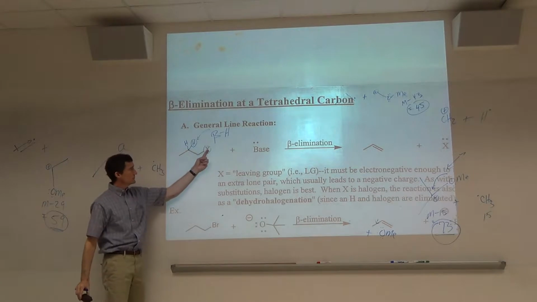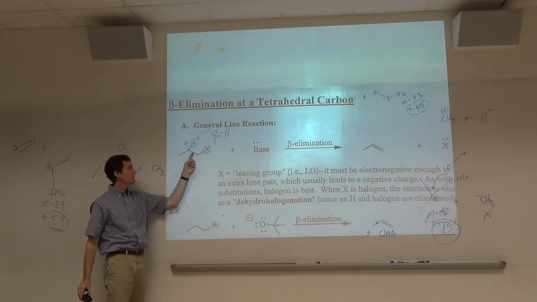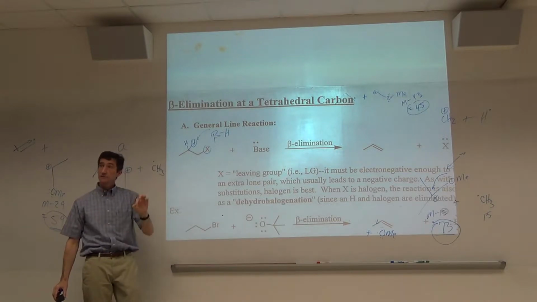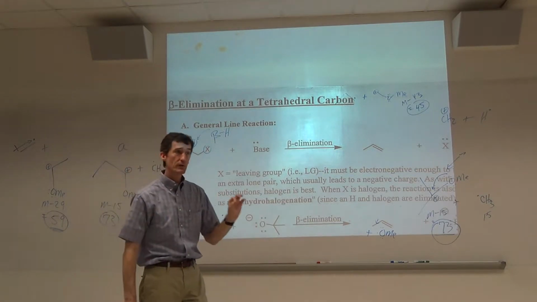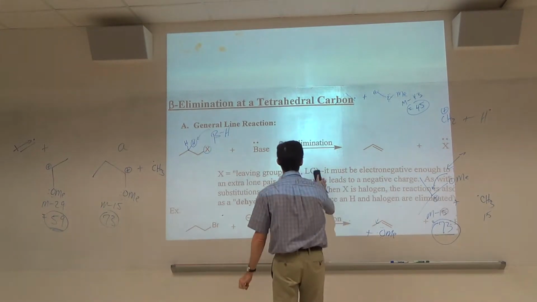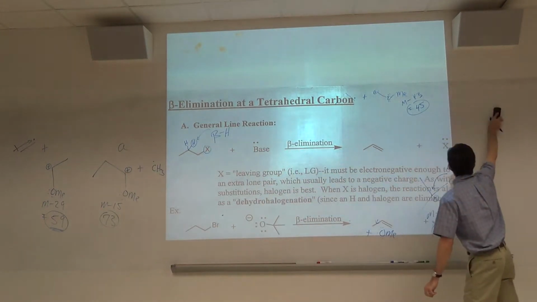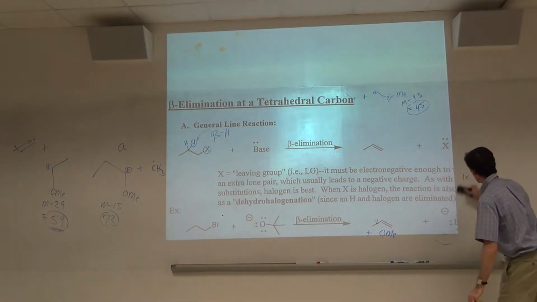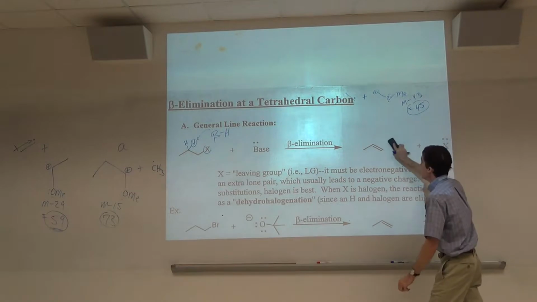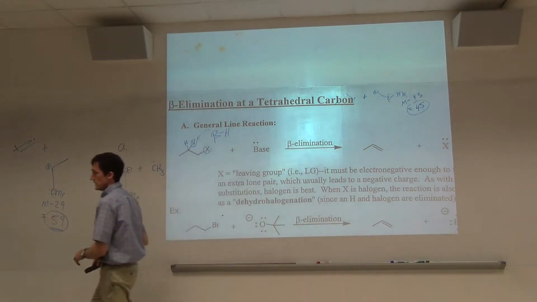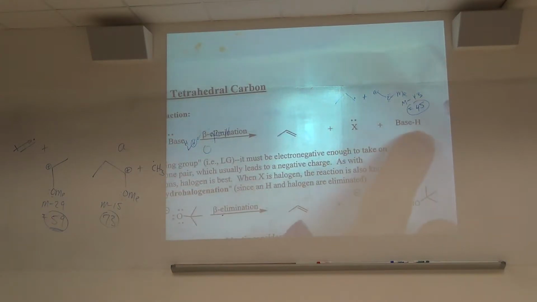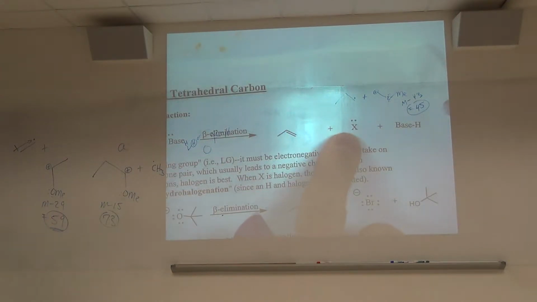If that's the functional group, the first carbon's alpha, the second one is beta, you're eliminating an H that's on the beta carbon. So it refers to the H position that's being eliminated. It's called beta elimination. Ultimately, in this scenario, the base is going to end up with the H, and the leaving group is just going to leave.